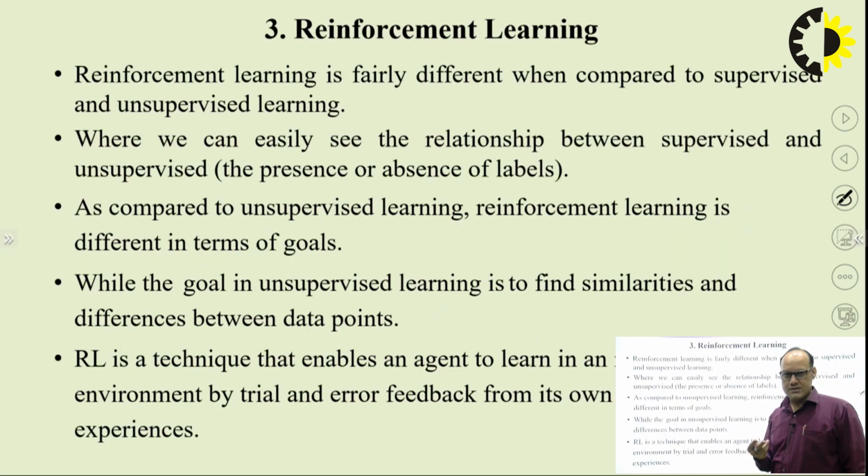Now third is reinforcement learning. First is supervised, second is unsupervised, and third is reinforcement learning. Here an agent is present, and it will perform some action. For example, for examination purposes I am studying very hard. I didn't get any guidance from any teacher.